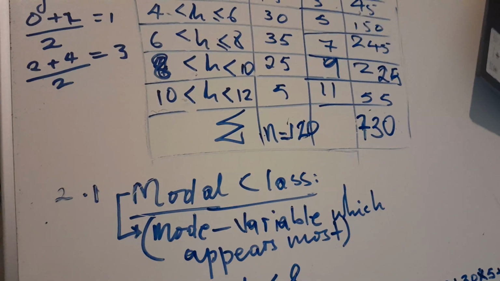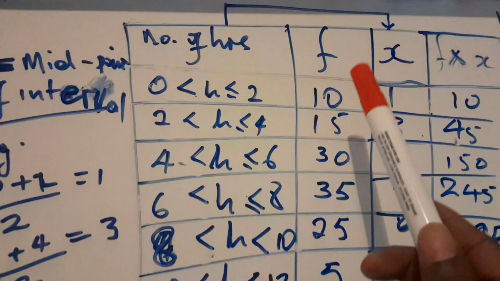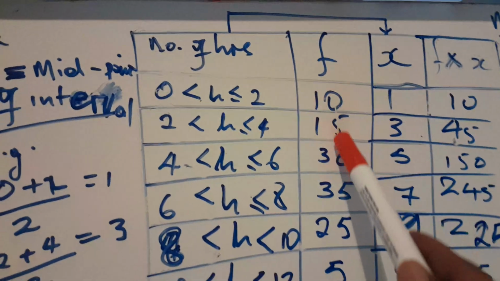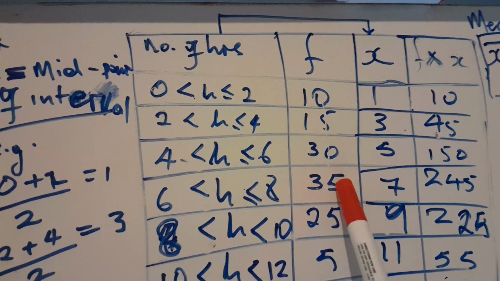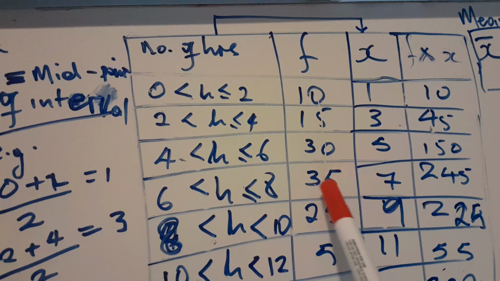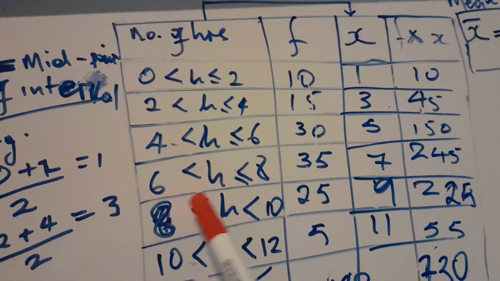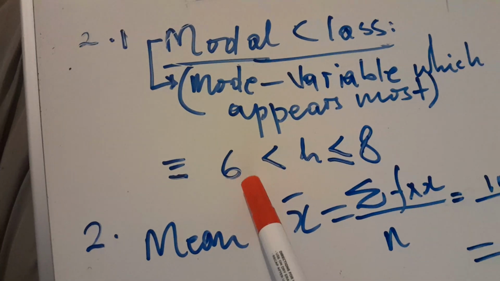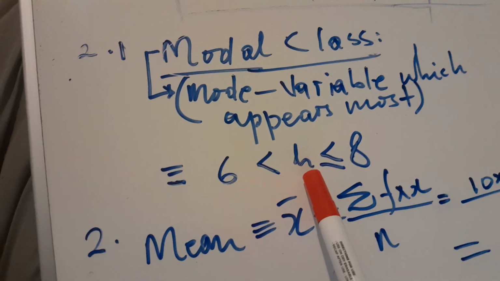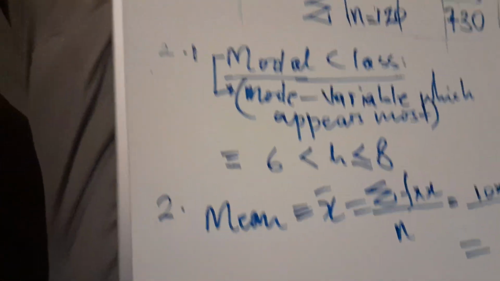So going back to the data, we are to look for the highest frequency here, which is 85. And the corresponding interval there is the modal class, which is this one, 6 less than h less than or equal to 8. That's the answer for the first question.